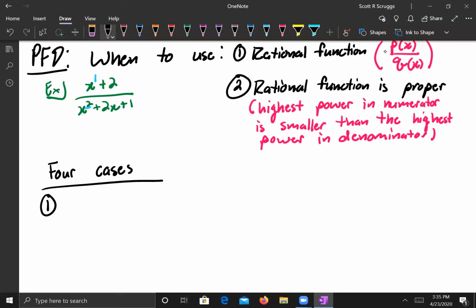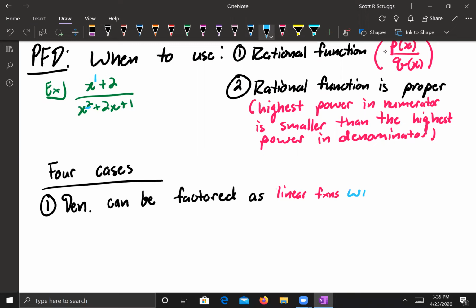The first case is I factor my denominator as all linear binomials, so the denominator can be factored as linear functions. That makes it different from case 2, without repeats.